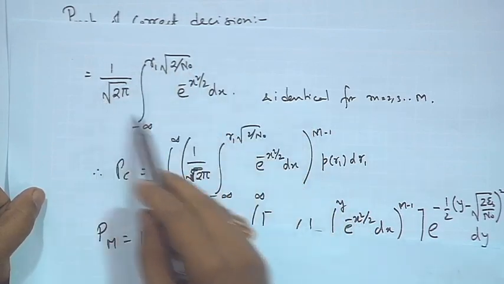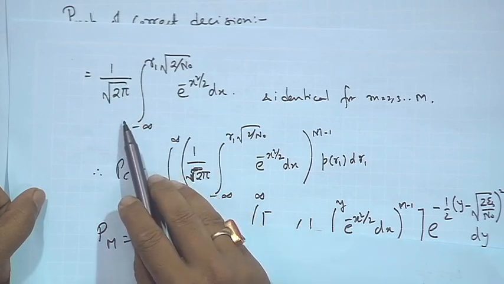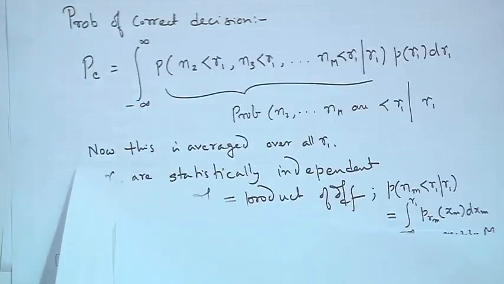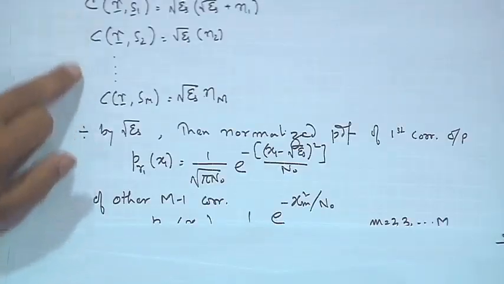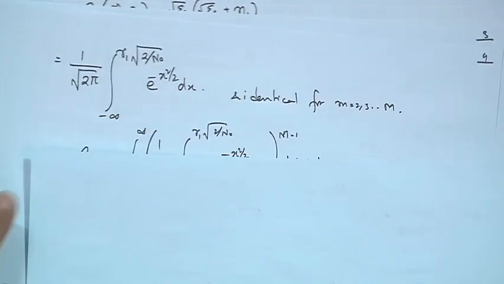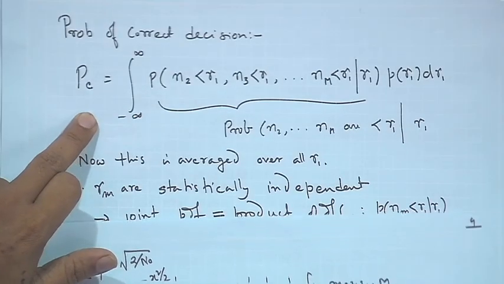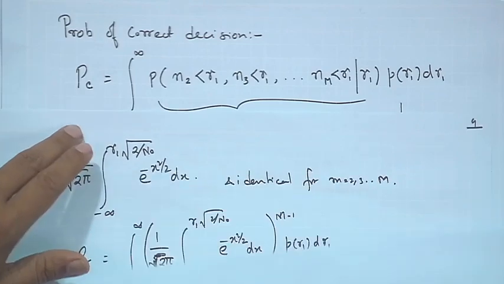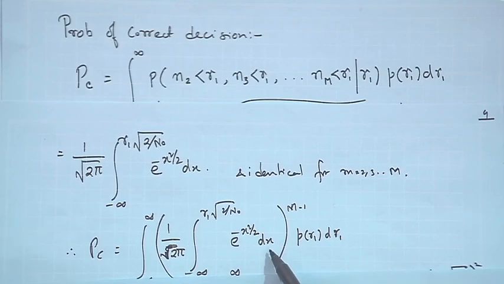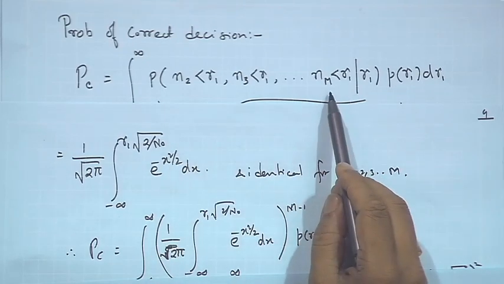So, this is the expression for any particular other PDF, and it is the same for all. You can easily guess by looking at these correlation outputs. All of them have a similar output. So, it is the same PDF, and hence the probability of correct decision, which we have written over here, can now be written as the individual raised to the power of M minus 1, because we have 2 to M.